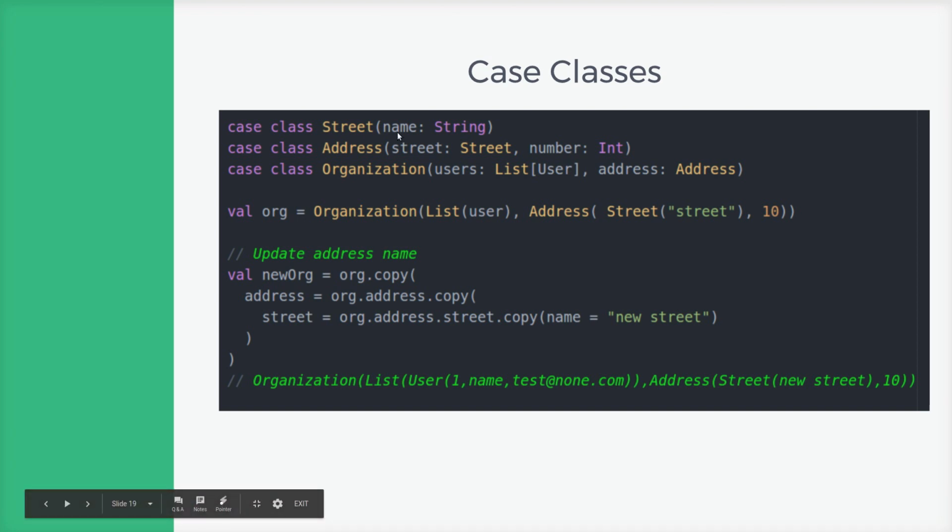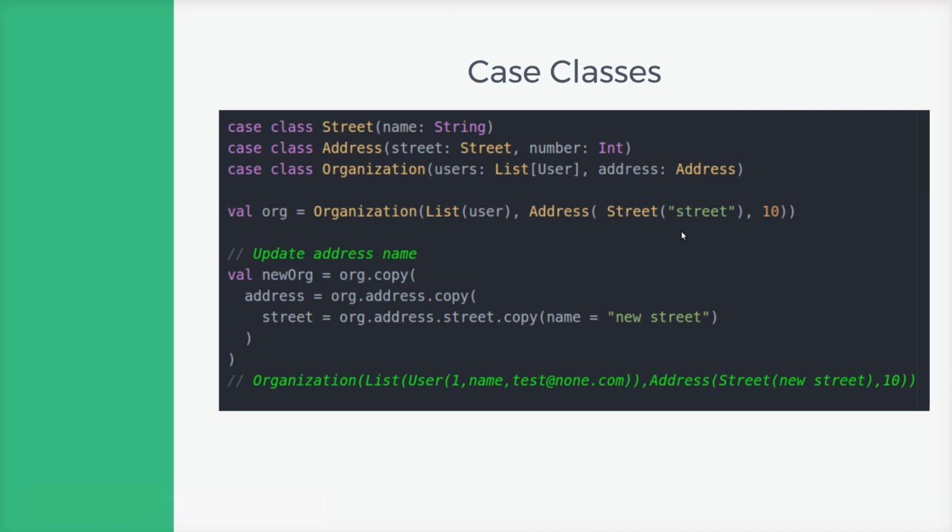What happens if we want to modify only the street name of our organization? Suppose the organization moved some blocks within the same street. We have created one organization with some values, a single user, an address, and a default number.